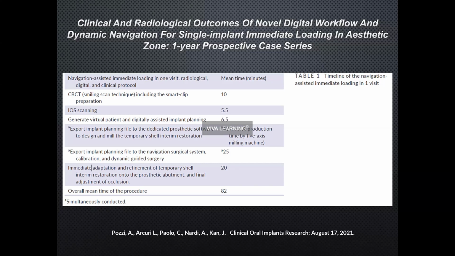Export the file from the temporary shell to the navigation surgery system, and then calibrating and doing the guided surgery, 25 minutes. And finally, adaptation of your temporary, 20 minutes. So in his office, it's fairly productive, 82 minutes.